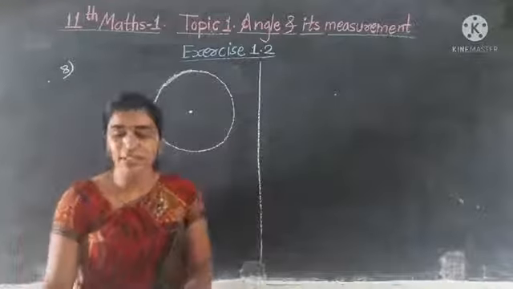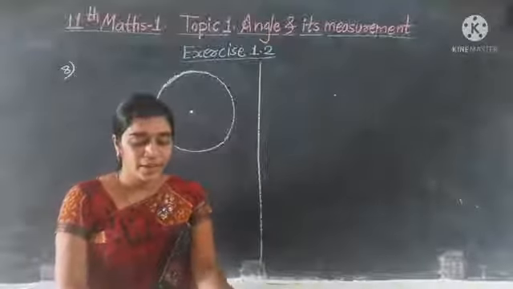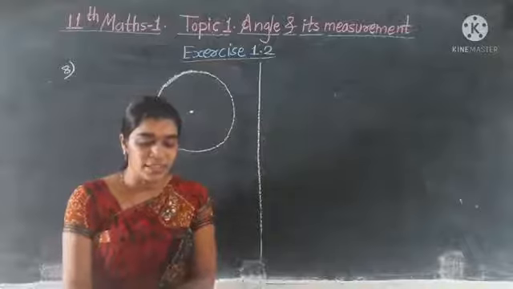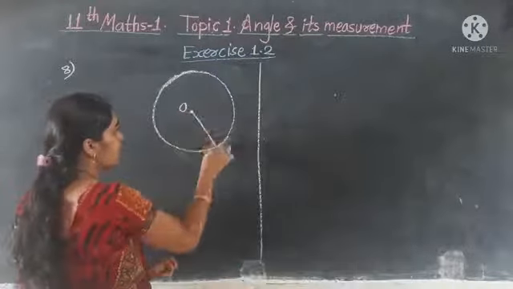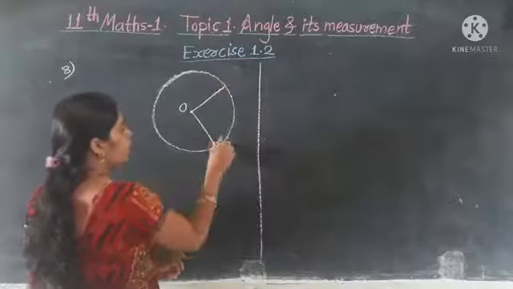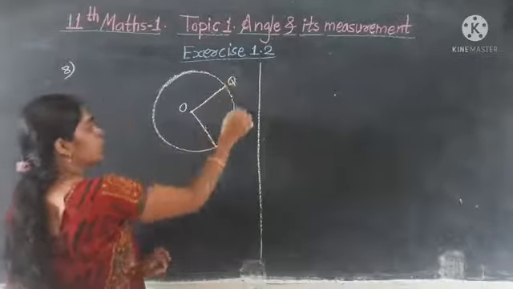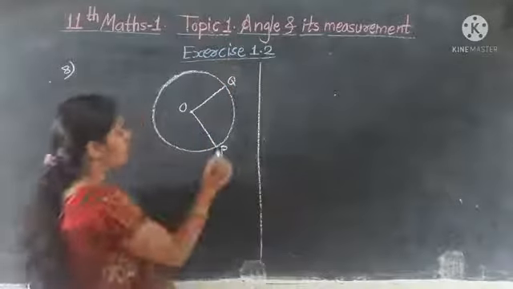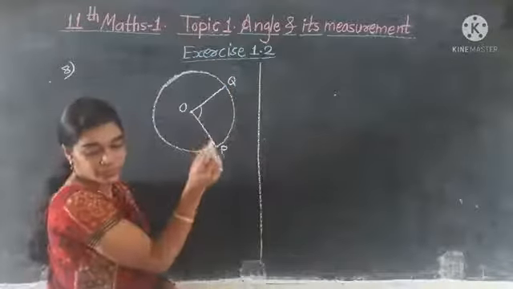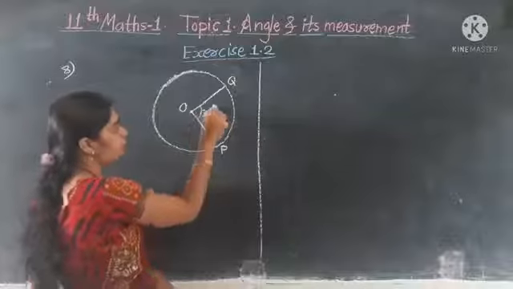What are the given things, student? OPQ is the sector of the circle having center O. O is the center. Angle POQ, this angle is given 30 degree.